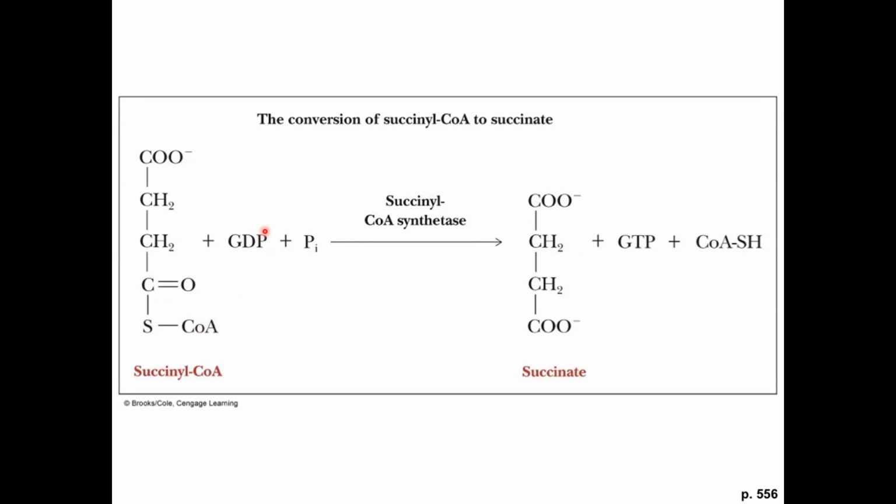So when this bond breaks, the CoA breaks off, and there's going to be so much energy released that this GDP can become GTP. GTP has the same energy as ATP, so there's a lot of energy being created here.